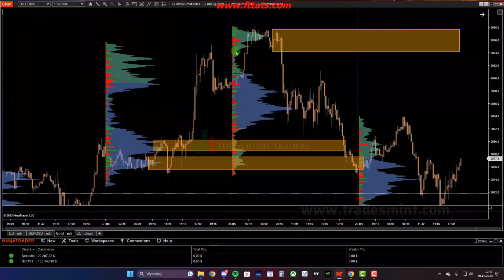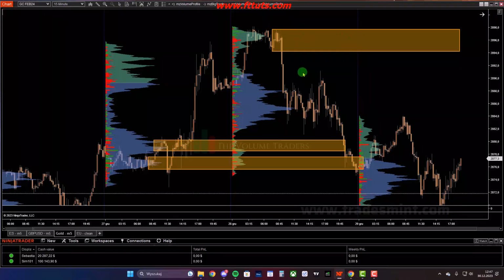But I love to use the volume profile because it confirms that it was not just a move, for example at the end of the session, like a range, but really high volume appeared. A lot of orders got filled here. There was a fight between buyers and sellers, as we can also see in the delta. So for me, an important zone to wait for in the future.